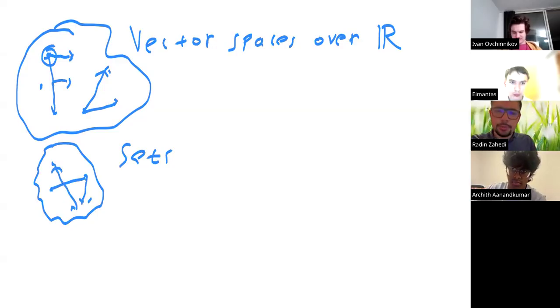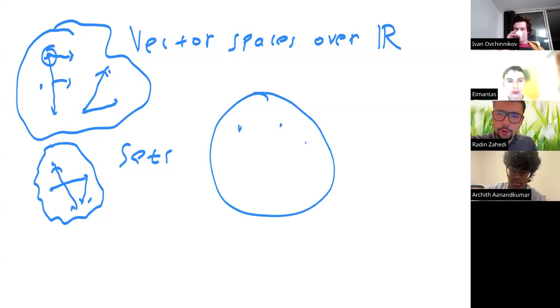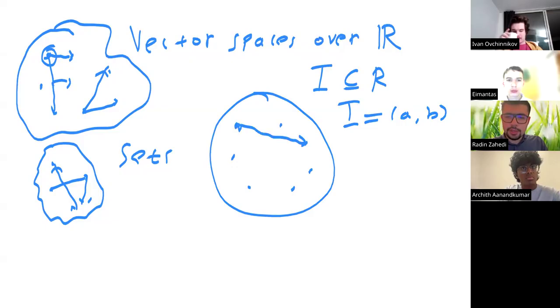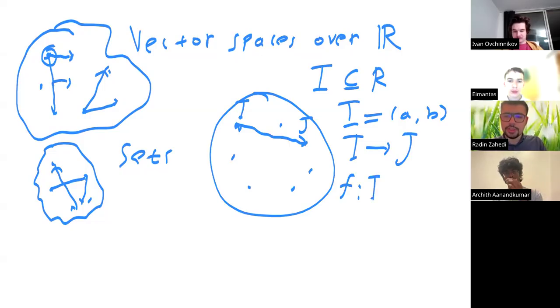Or maybe even, for example, one could consider their objects to be all open intervals of R, and consider its functions from I to J as all continuous maps taking I to J. So the good thing here is that this structure we are speaking of is quite simple.